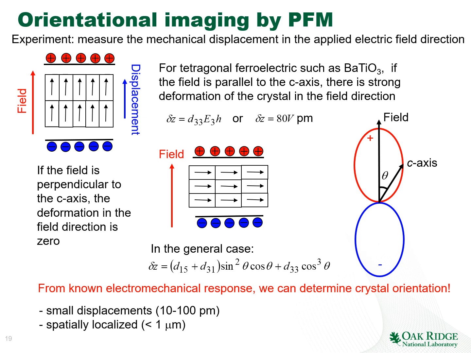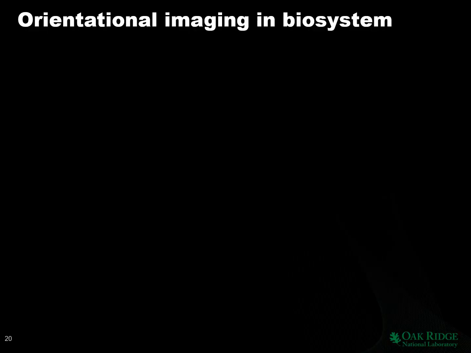If we plot the dependence of the response versus angle in polar coordinates, we see this figure 8 type shape, with the positive lobe being red and the negative lobe being blue, which basically tells us that if we know the electromechanical response quantitatively, we can determine the crystal orientation. What is remarkable is that we do it by measuring small displacements, and we can probe this orientation in a very small region, less than a micron and more realistically less than 10 nanometers.